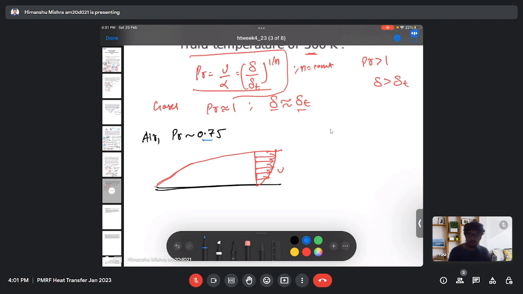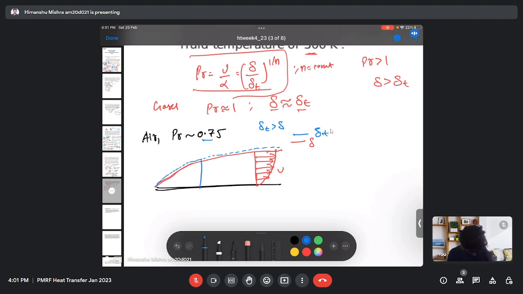And since it is 0.75, that means my thermal boundary layer is just a little bit greater than my hydrodynamic boundary layer. So it will be just above my hydrodynamic boundary layer. Blue line is my thermal boundary layer, and red is my hydrodynamic boundary layer.